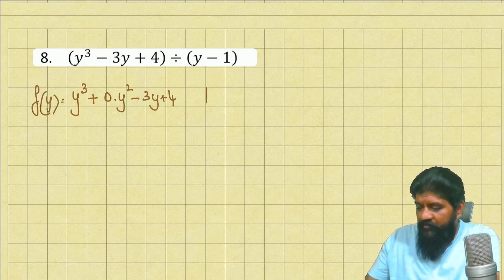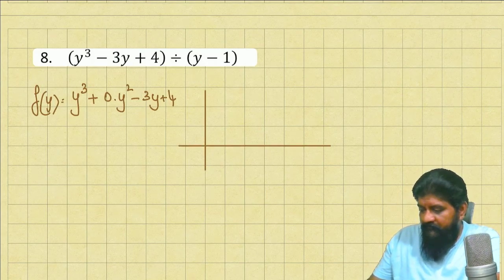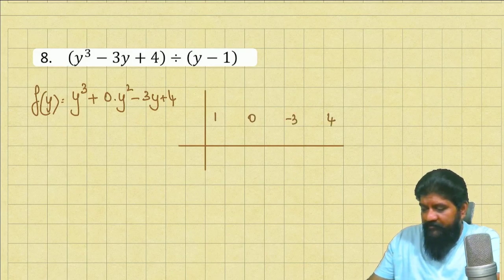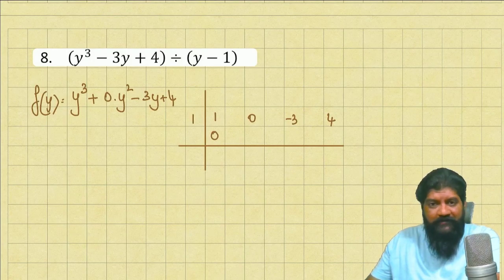Now you go for the synthetic division method. The coefficients are y cube 1, y squared, y, and then the constant. The first term is always a 0. Significant number is a 1. I'm saying it's a 1 by referring to that.